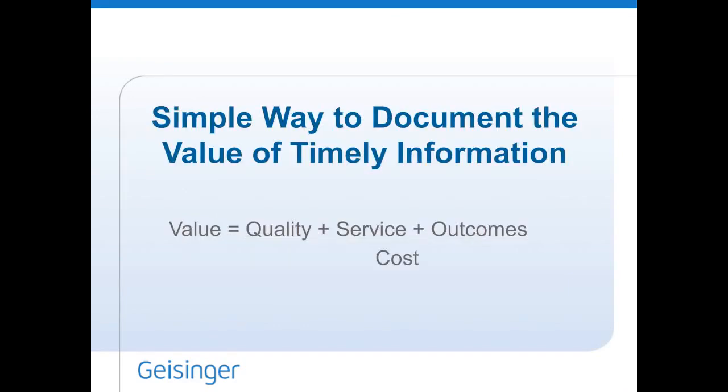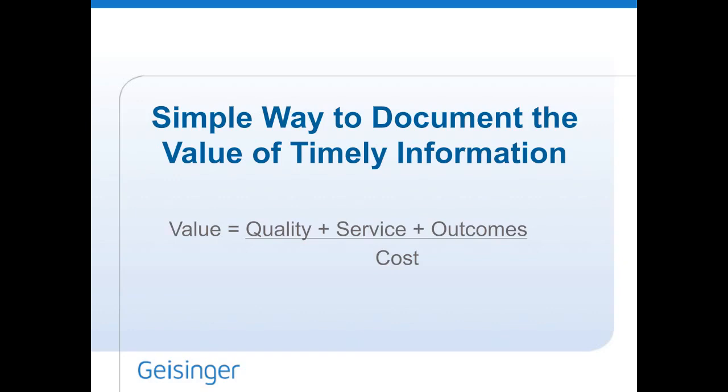When you are going to assess your data or your information, one simple way I've found to document improved processes, maybe faster time to detection, faster Gram stains, faster molecular identification, is that value equals quality plus service plus outcomes over cost.